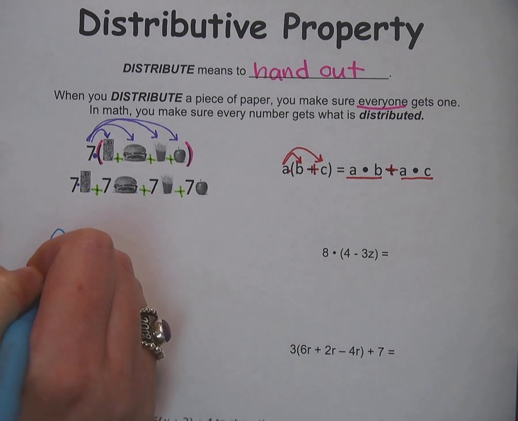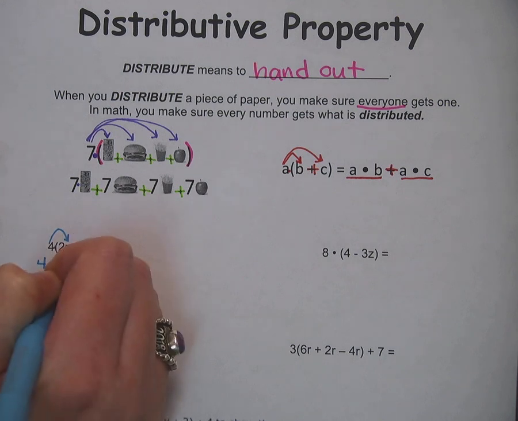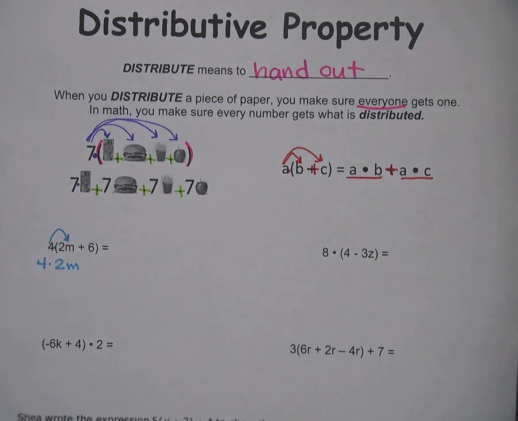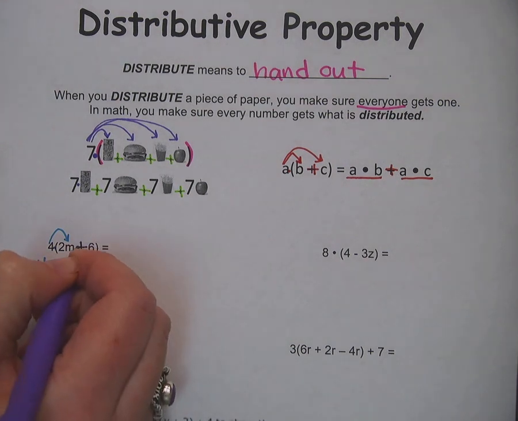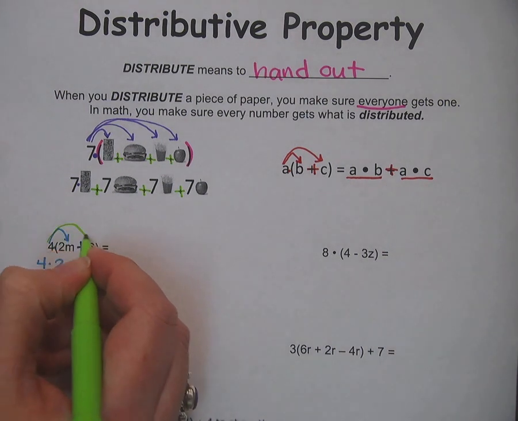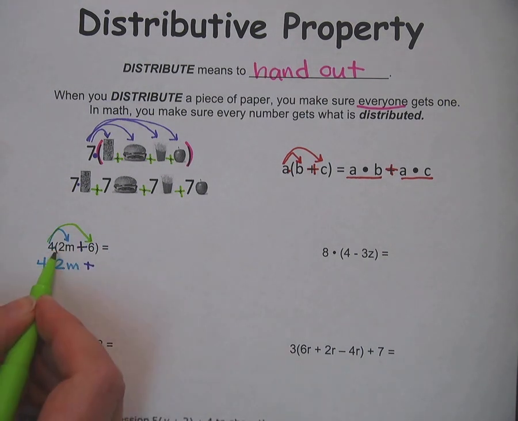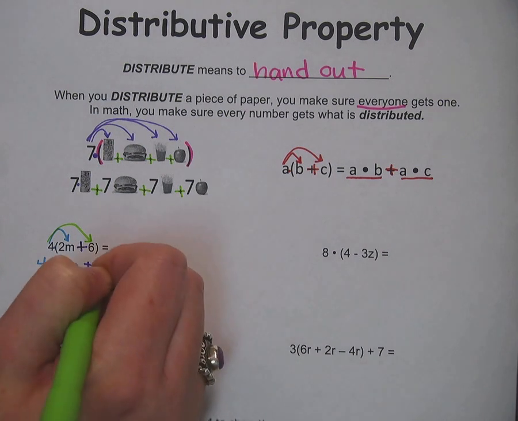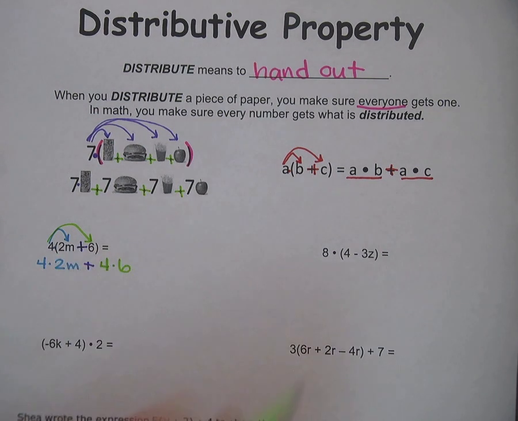So I have 4 times 2m. And then we talked about that middle plus sign staying the same. So I'm going to put plus, and then I'm going to give my 4 to my 6. And again, remember, we are multiplying. So I have 4 times 6. That is the first step. We give the 4 to the first part and the second part, and leave the symbol the same.